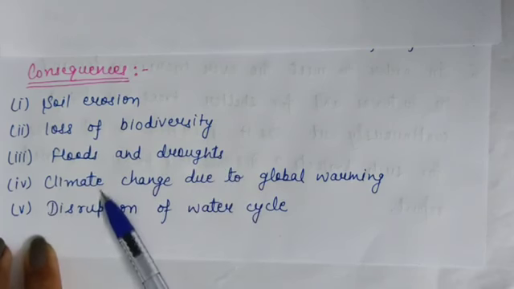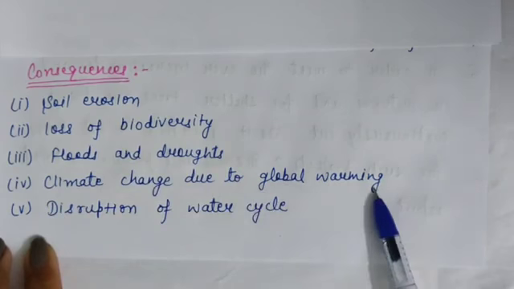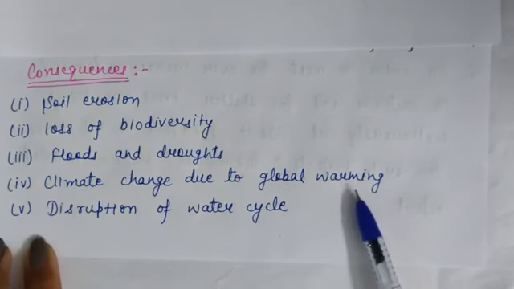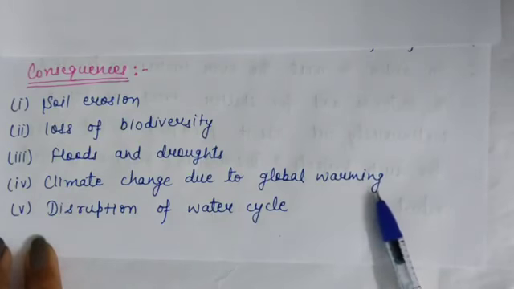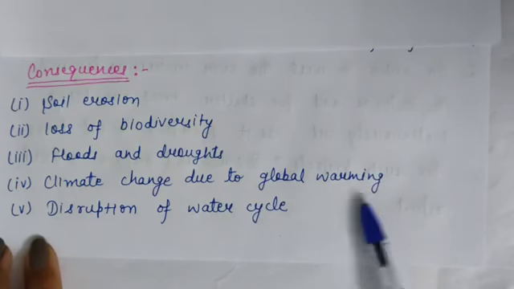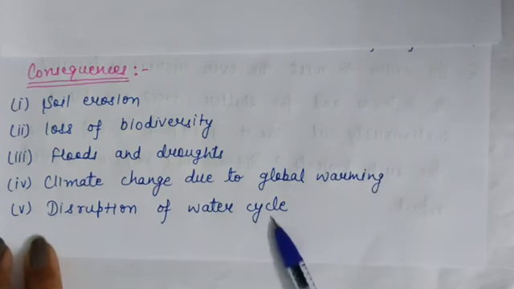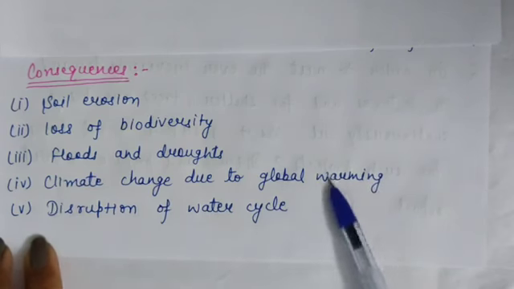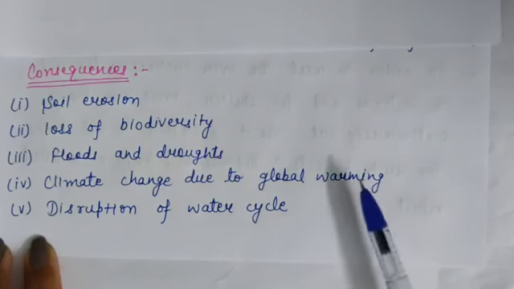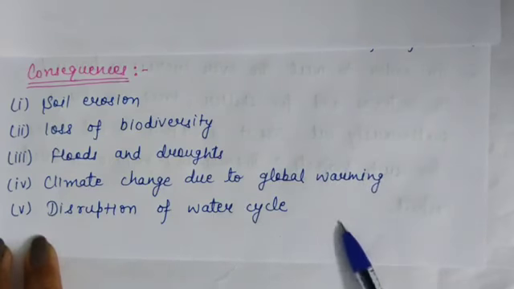Next is climate change due to global warming, because by the deforestation the amount of carbon dioxide in the atmosphere will increase and it will cause global warming. Fifth is disruption of water cycle. So these are some consequences or some effects of deforestation.